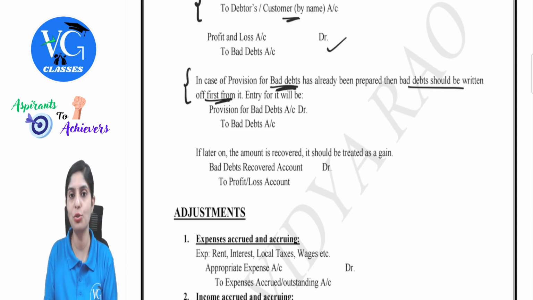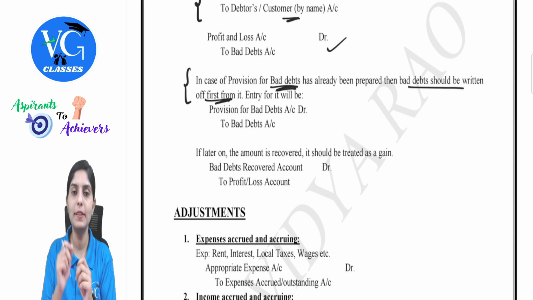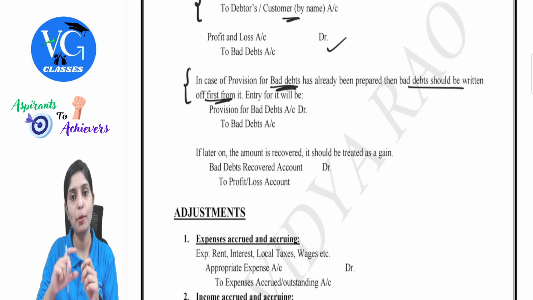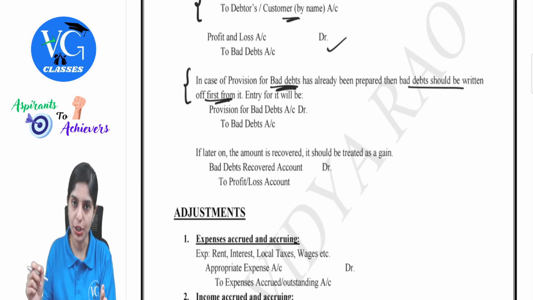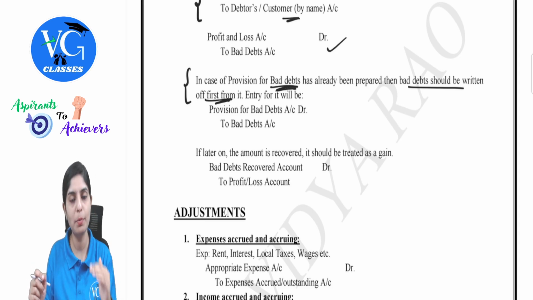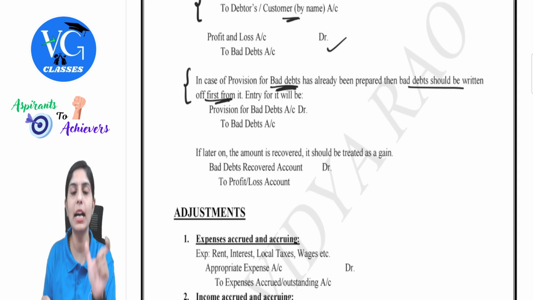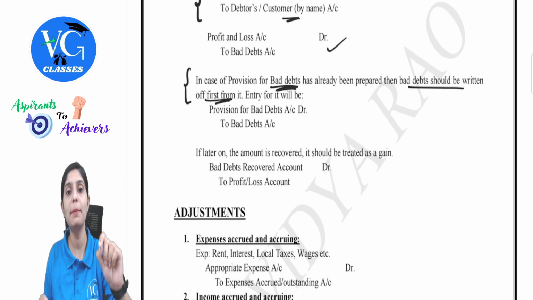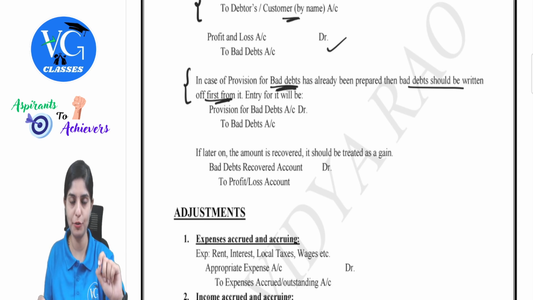You don't know how much could be the loss. Now, with respect to the bad debts that happened, the provision could have extra balance or the balance could also fall short. So in this case, first we will have to compare the amount, that is bad debts, with provision. If there is any balance available with respect to provision, first I will utilize that to set off the bad debts.